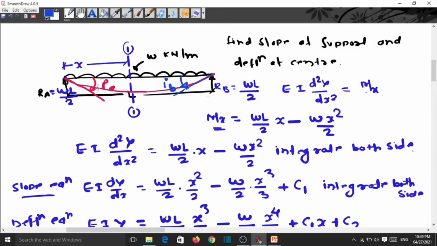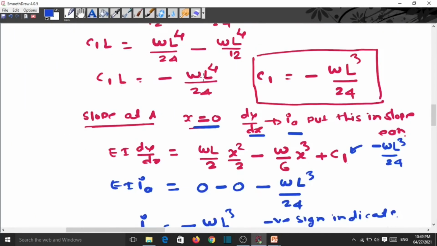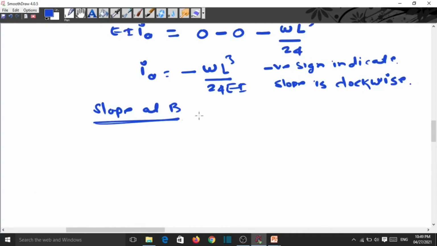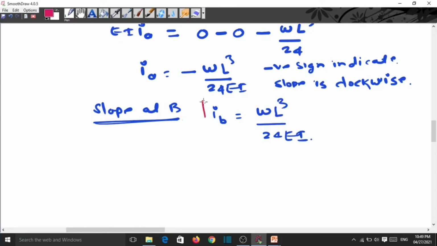So if clockwise is negative, anti-clockwise is positive. So we directly write here the slope at B, that IB is equal to plus WL cube by 24 EI. So in this way we got the slope at B.